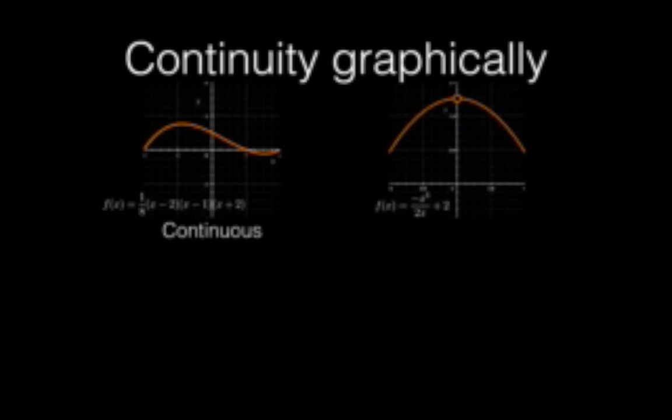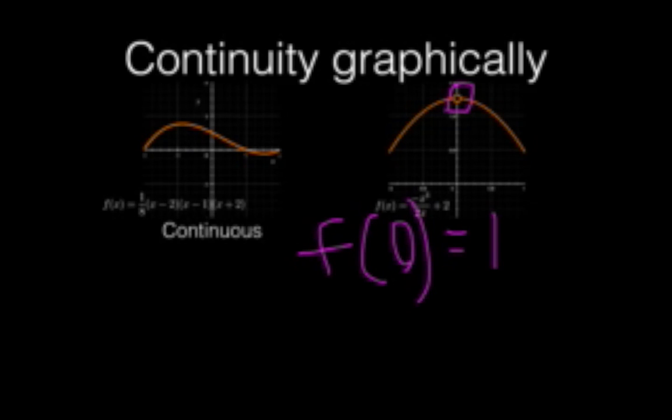But now you can see we have this hole on this graph. Here, at f of 0, this is undefined. Does not exist. So f of 0 doesn't exist. There's no value for it.